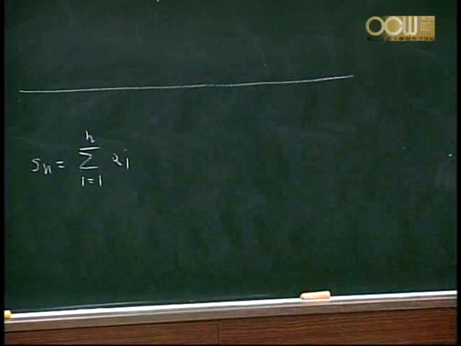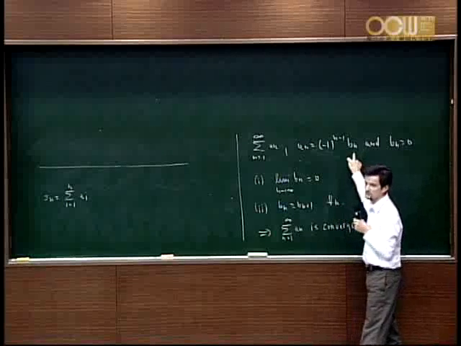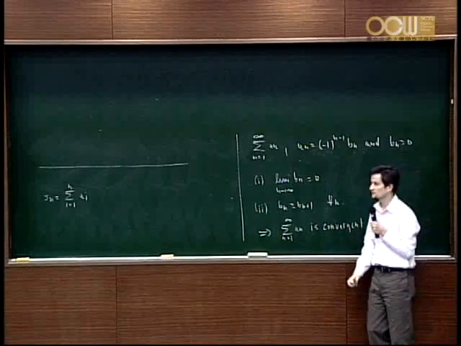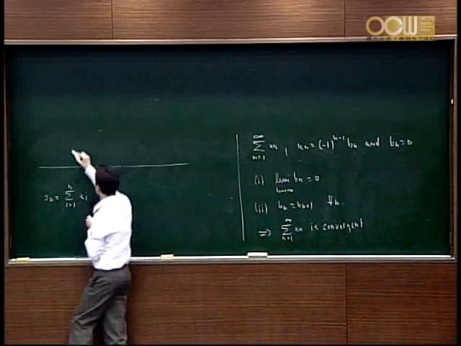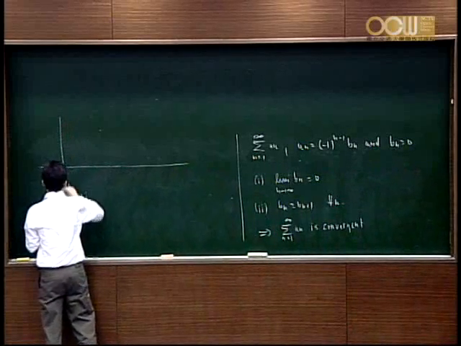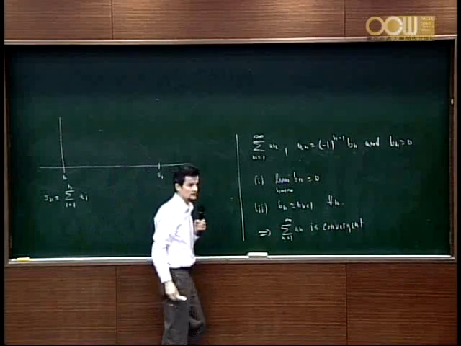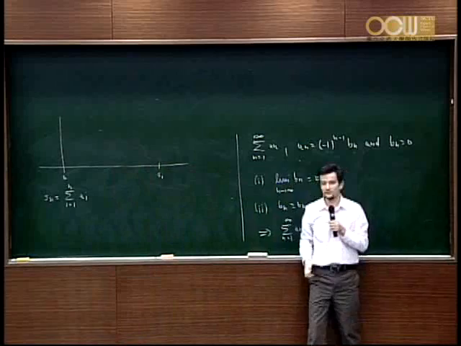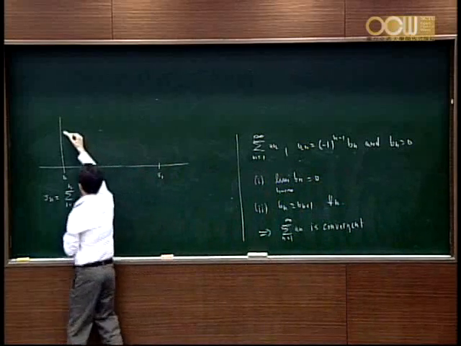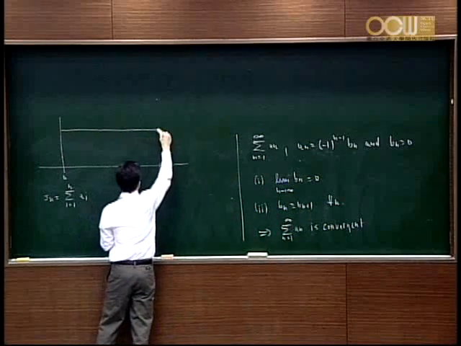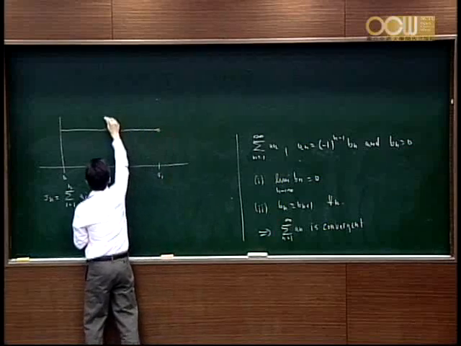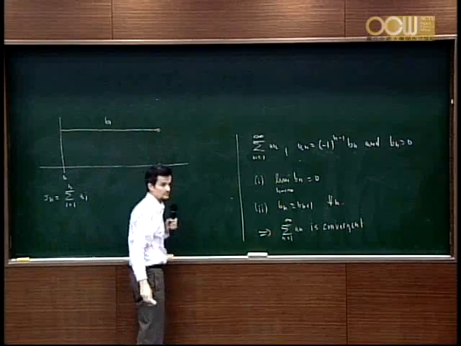You see the first one is positive if I choose the sign like this. So we start at 0, and S1 must be larger than 0 because the first one is positive, and this length here is B1.